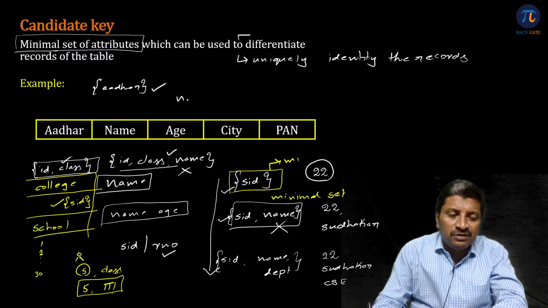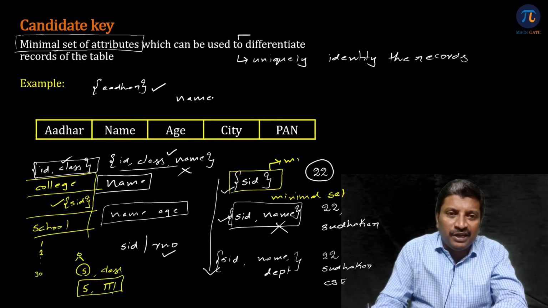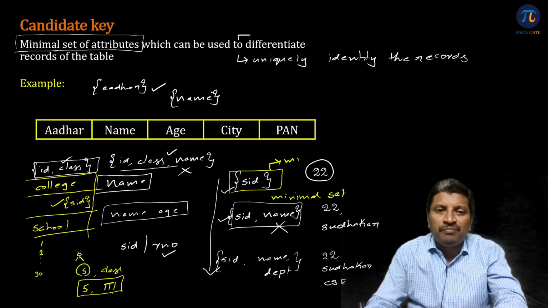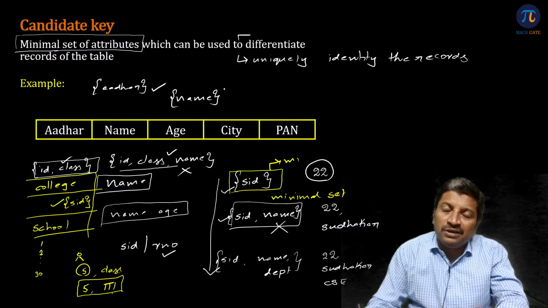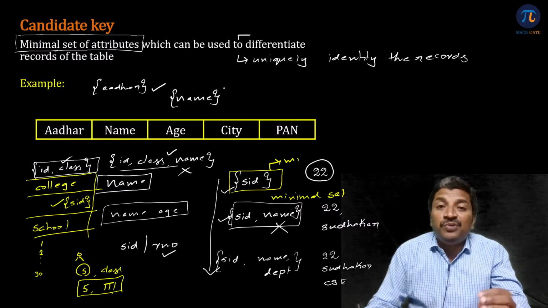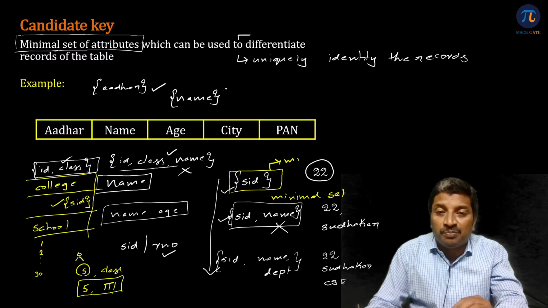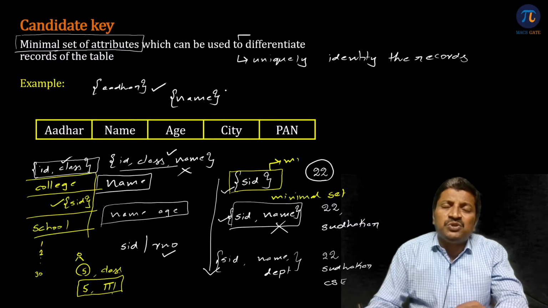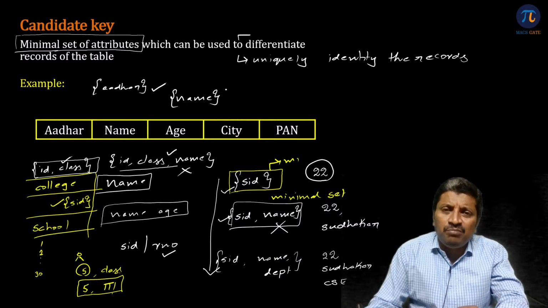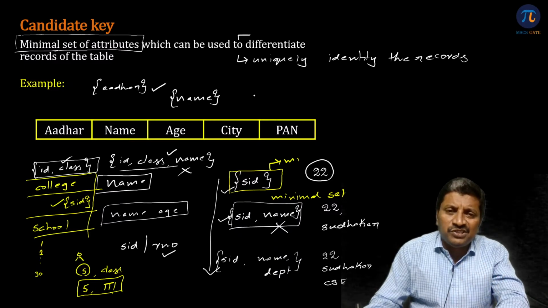In this case, suppose we write name. Can you say this is a candidate key? No, sir. It may be minimal, but it may not be enough to identify the persons uniquely, because there may be so many persons with the name Sudhakar. Am I right, sir?